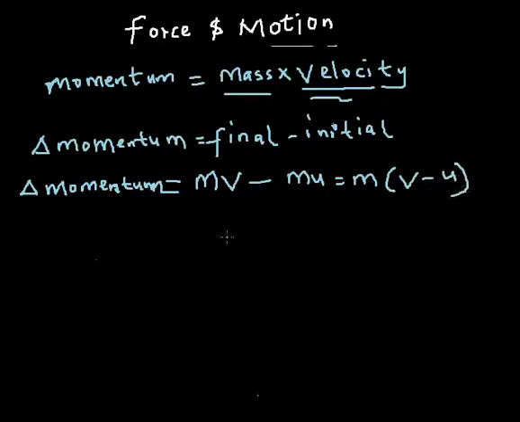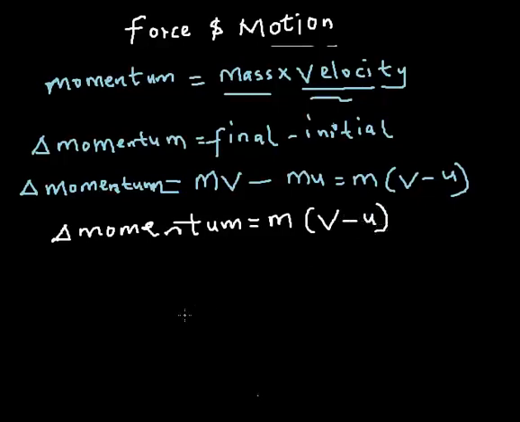So anytime we talk about change in momentum, it is simply equal to mass multiplied by change in velocity, v minus u. Please take note of that. Let's now relate it to Newton's second law.